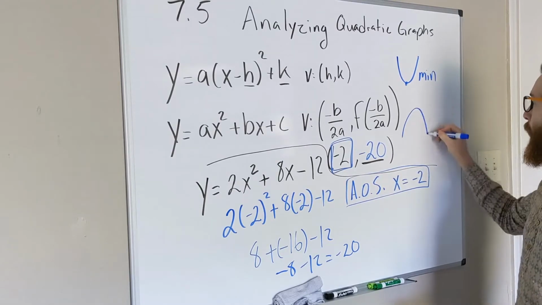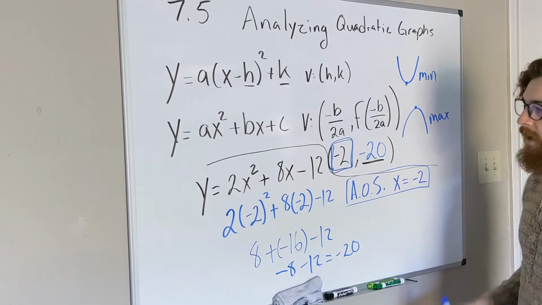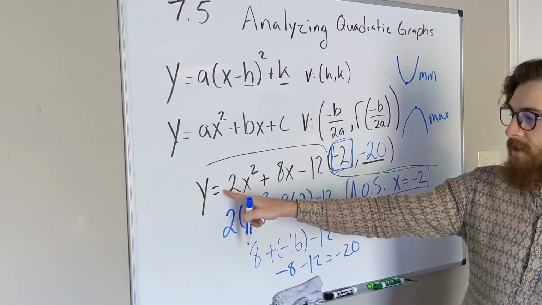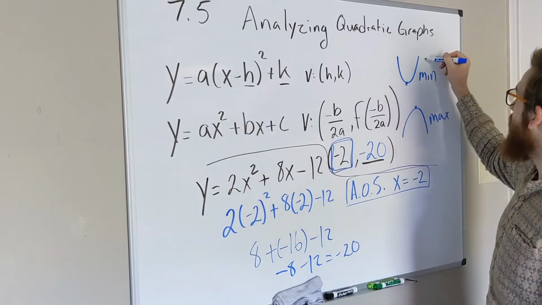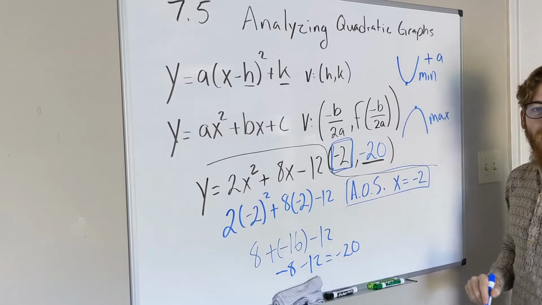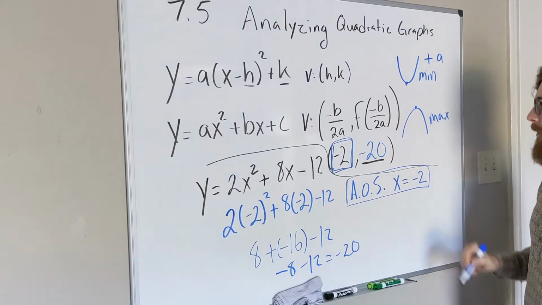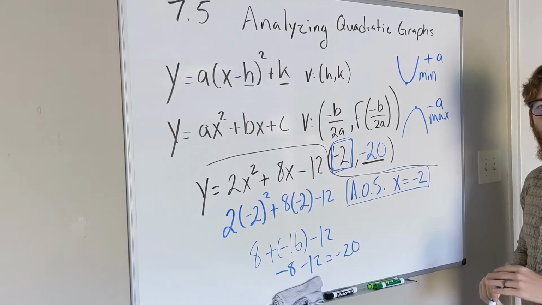If the graph opens downward, this would be a maximum. And so if it is positive here, it opens up. So this is if A is positive. Positive A gives us a minimum. Negative A gives us a maximum.